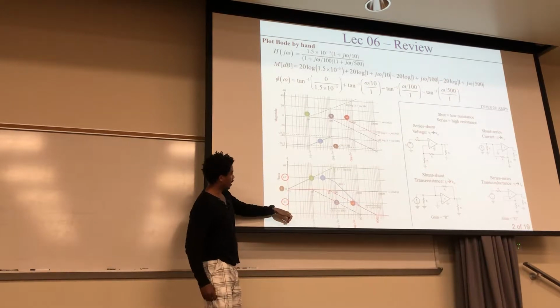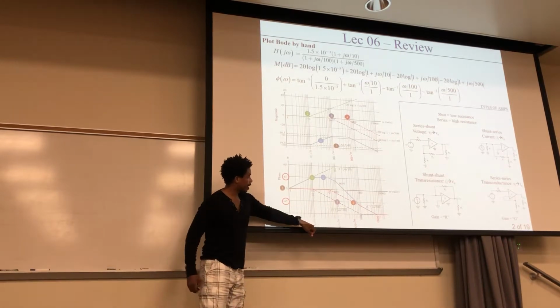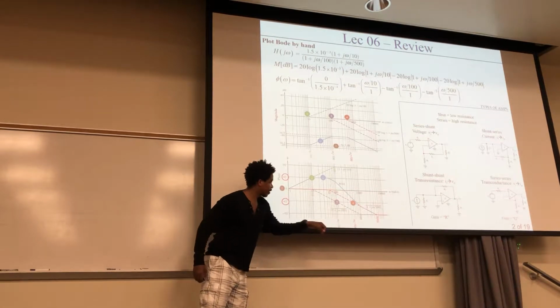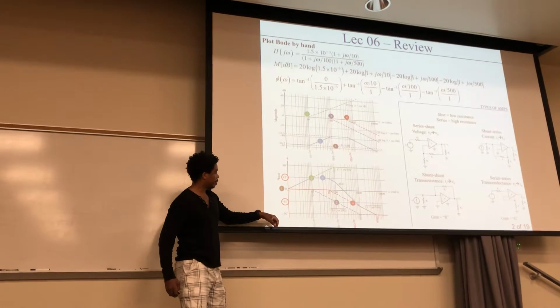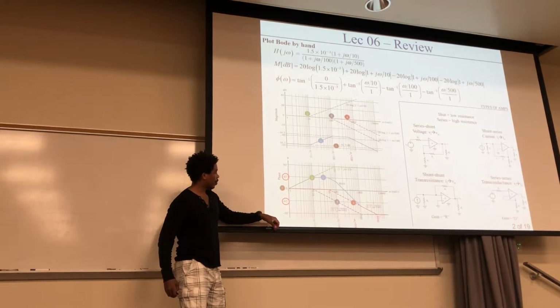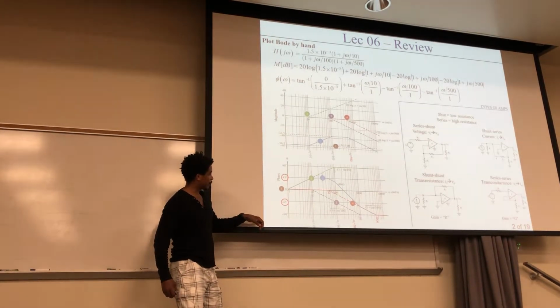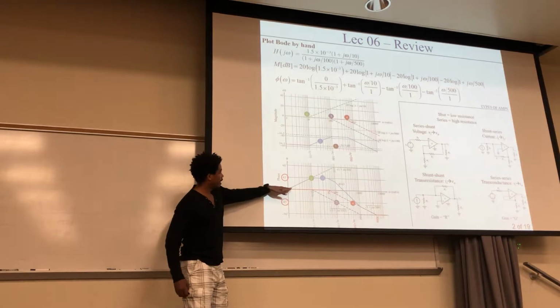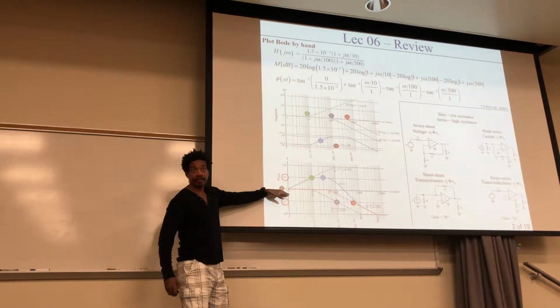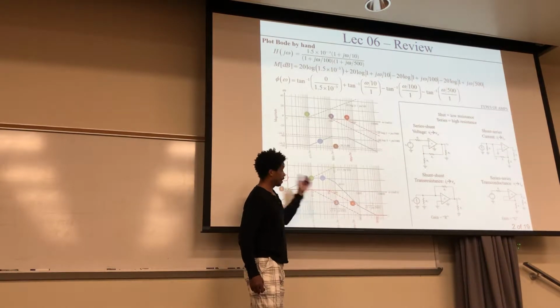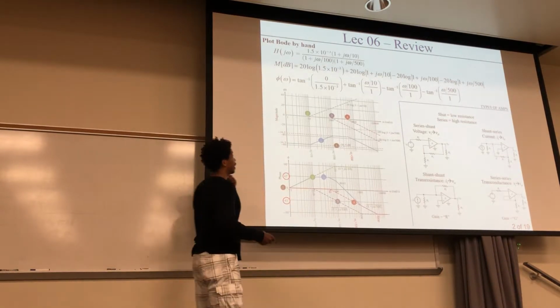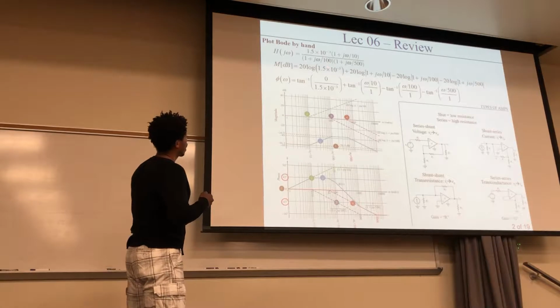We didn't continue this, but if this was 500, 100, 10, that was 1, and then 0.1, 0.01 on, this would be flatlined right there. Same with these. They're at negative 45 degrees, and they're at negative 45 degrees because they're on the denominator.